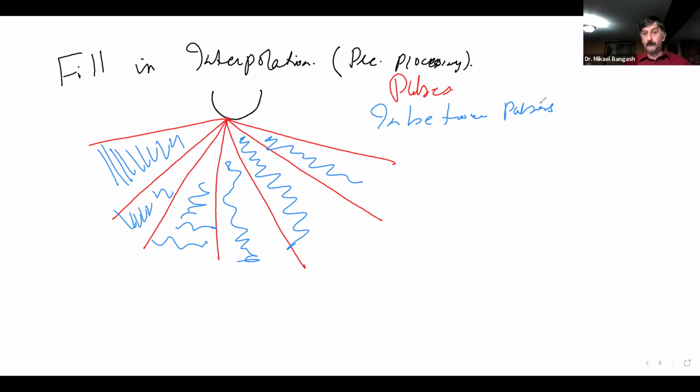So the question is, since no pulse travelled there, that area should be blacked out, right? Your scan would have looked something like this.